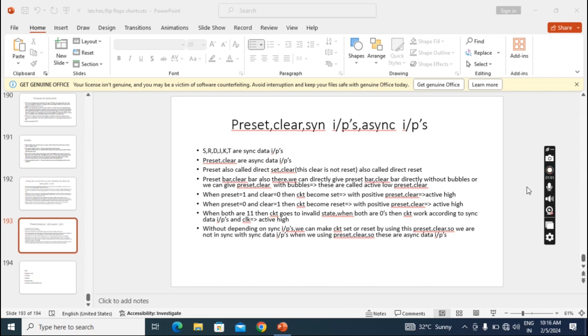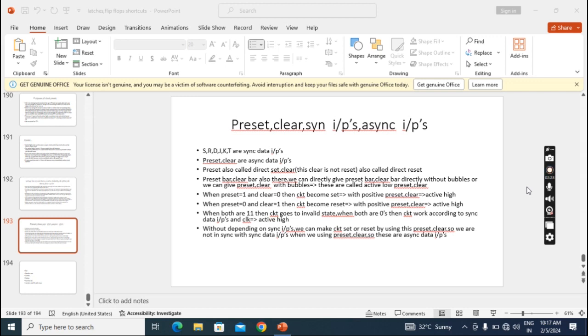When we give 1 1 with positive logic, the circuit goes to an invalid, unused state. When we want to allow the circuit to work with synchronous data inputs and clock, we have to make preset and clear both zeros, with positive logic only.